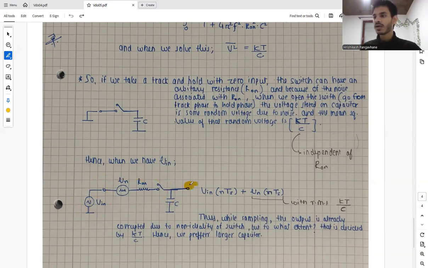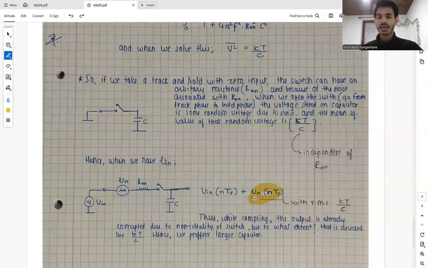At the output, we have the sampled Vn with the frequency 1 by Ts, where the sampling time is Ts. Along with that, we also have something due to noise, and this has a mean squared value of kT by C. This portrays that while sampling, the output is already corrupted due to the non-ideality of the switch. But to what extent is it corrupted?